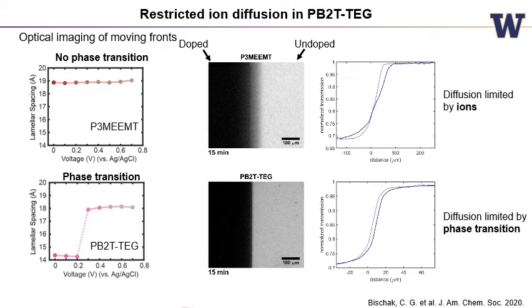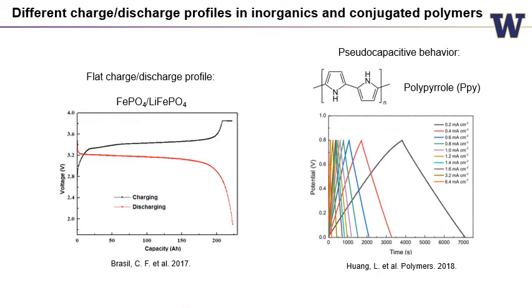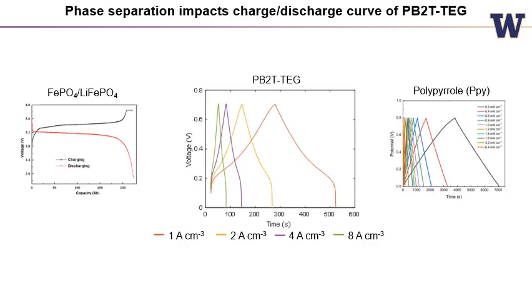And so the last question that we wanted to ask is, what does this charge-discharge profile look like in these conjugated polymers that have this phase transition? Is it flat, like we see from inorganic materials that undergo phase transitions, or does it look more like a supercapacitor? We weren't exactly sure what to expect, but we actually get something that looks like it's in between these two cases.